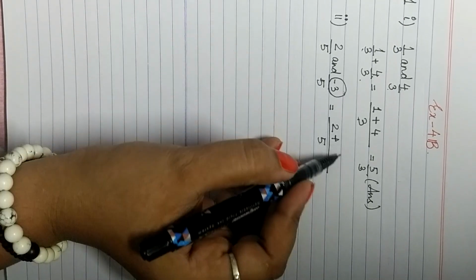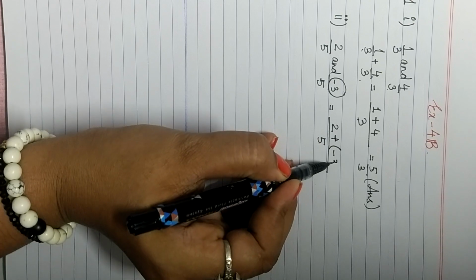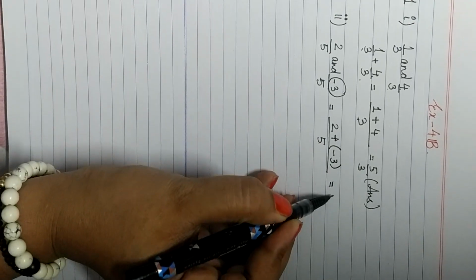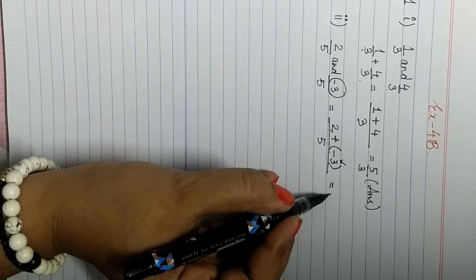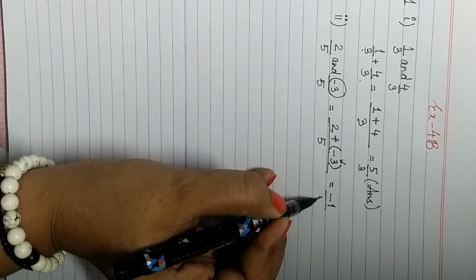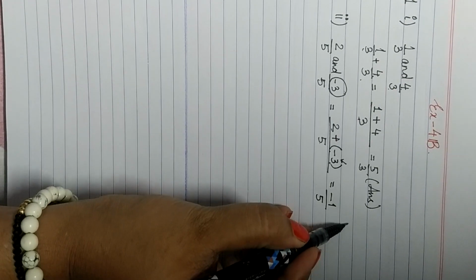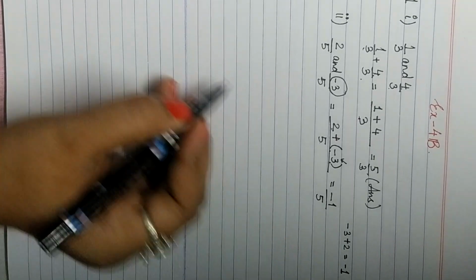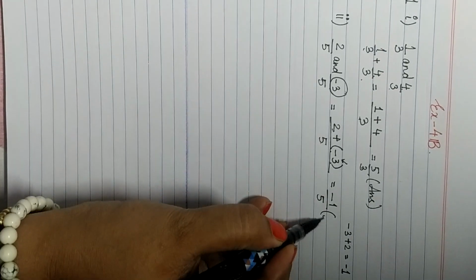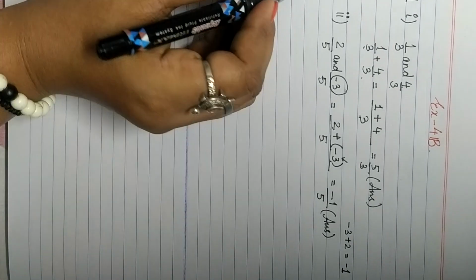Do not forget the sign, children. So we will write it as minus 3. So 2 plus minus 3, greater number is of negative sign, will give you minus 1 upon 5. Minus 3 plus 2 is minus 1. So minus 1 upon 5 is the answer.